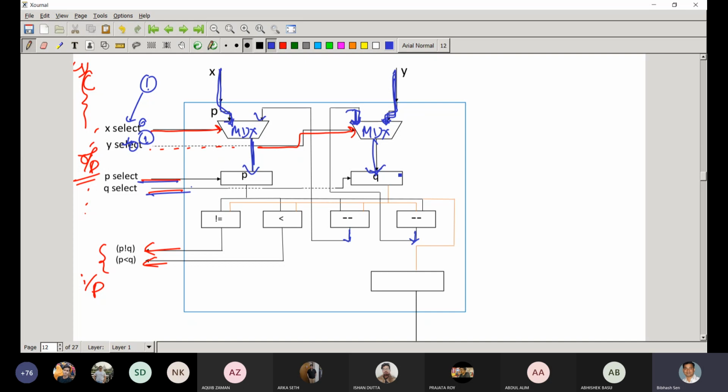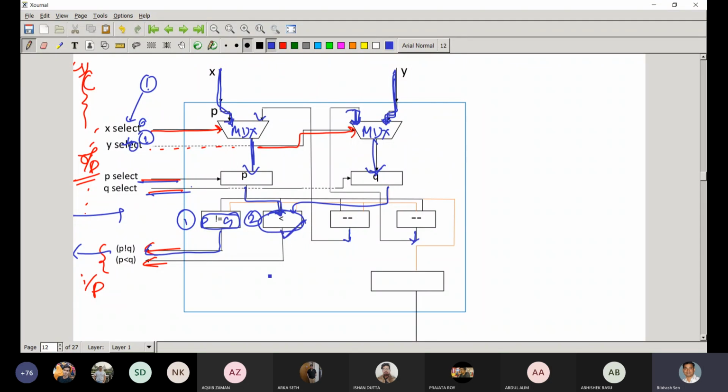After that, what do I have to compare? Now first I have to compare this one, where P's value will come, and you will find that Q's value is also coming. Now I compare P less than Q, and this compares P not equal to Q. I think this is the first condition, and inside this is the second condition. So I will find P not equal to Q, this one. When this is okay, it will go to the control signal; it will generate a signal to activate this part.